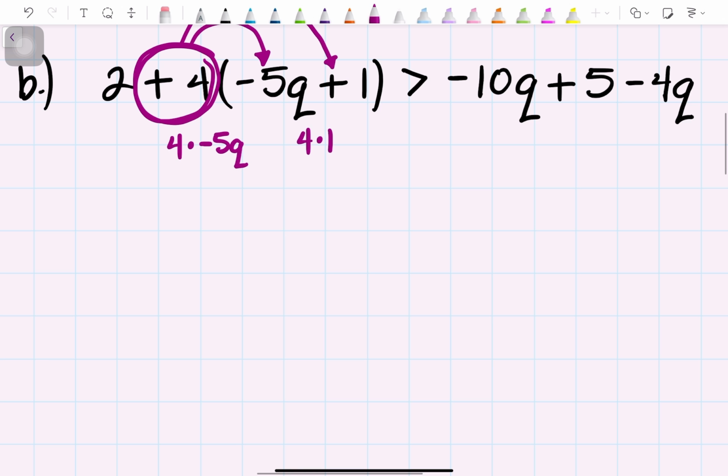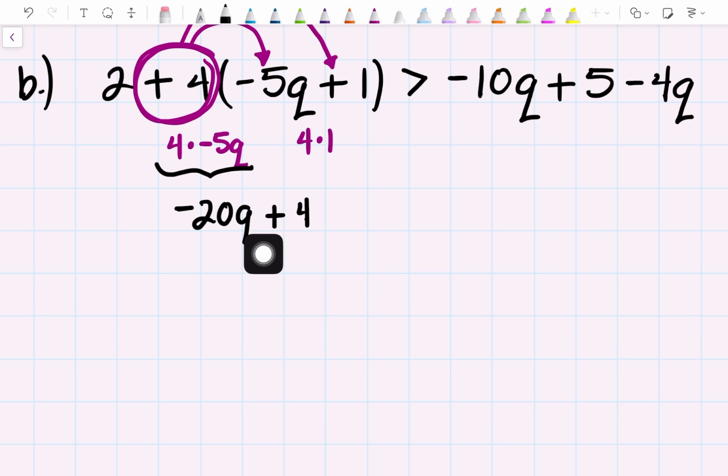Multiplying those out, that would give me a negative 20q plus a 4. Notice the 4 is positive. That's why I put a plus there, because you're adding. I'm going to bring down that 2, and then bring down the inequality and the other terms on the right-hand side.